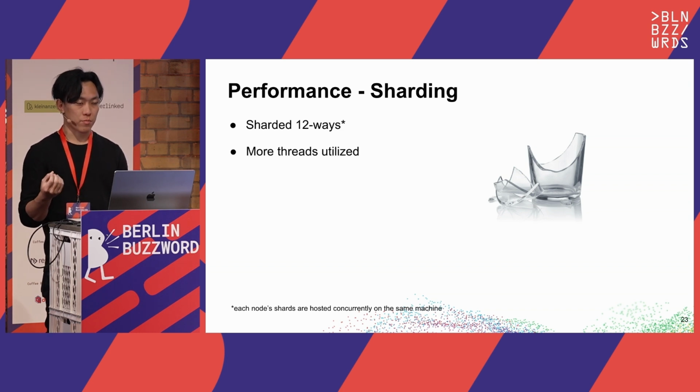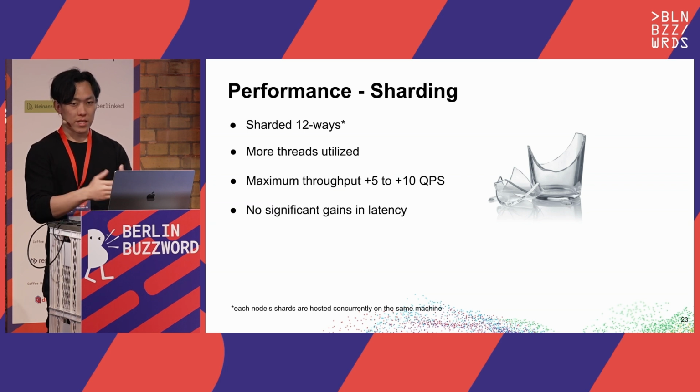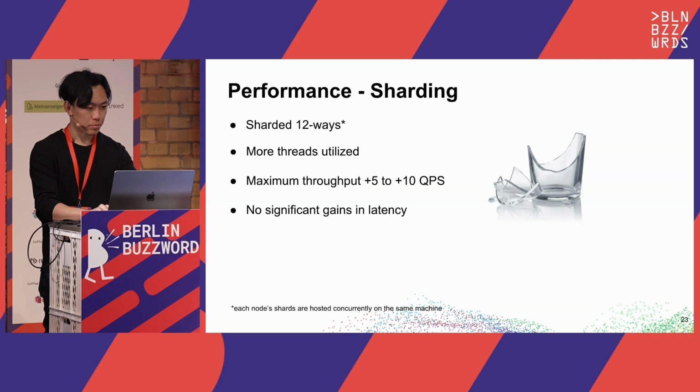We would see more thread utilization by the Solr process, which we did see. And we did see some improvement in overall throughput. So we saw maybe 5 to 10 queries per second more overall throughput. But for latency, for the speed at which the requests come back, we didn't see many significant gains. So again, not very successful here.